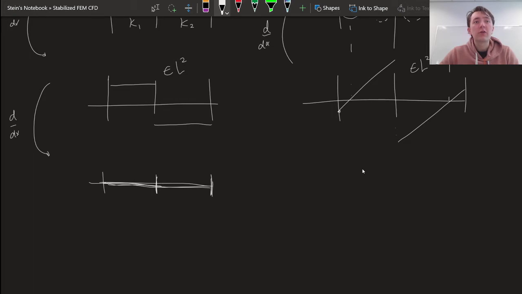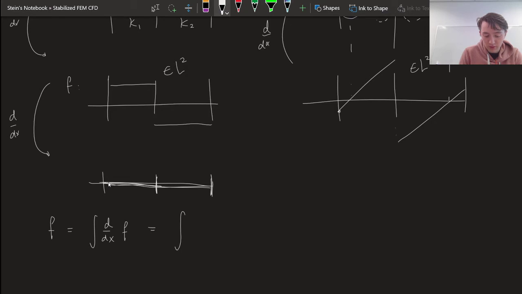However, that does not satisfy the first rule of calculus, and that's this relation between derivatives and integrals: that if I take the function f, that's going to be equal to the integral of its derivative. So if I take the integral of the derivative of this function, let's call this f, and this were to be the derivative, then this is going to be the integral of 0.